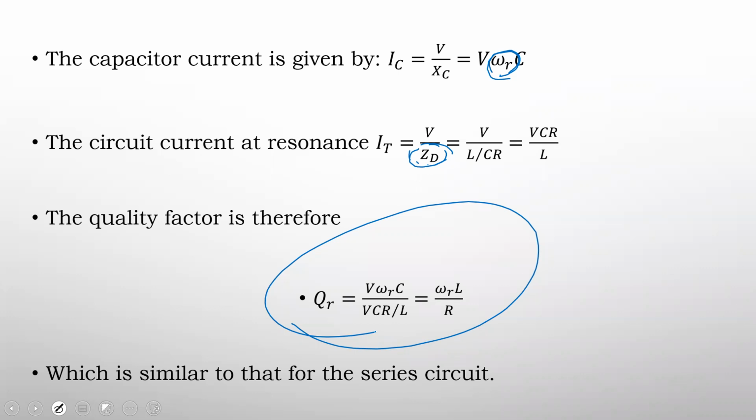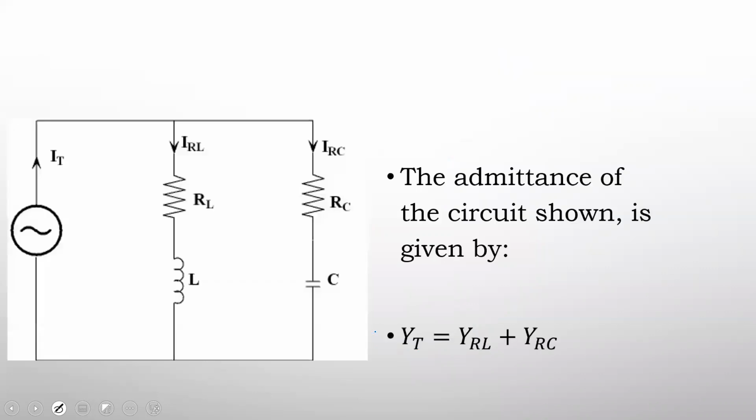We're going to step it up a bit, and now we look at a circuit where both the inductor and the capacitor have resistors in series. But the principle remains. What's that principle? Finding the total admittance.